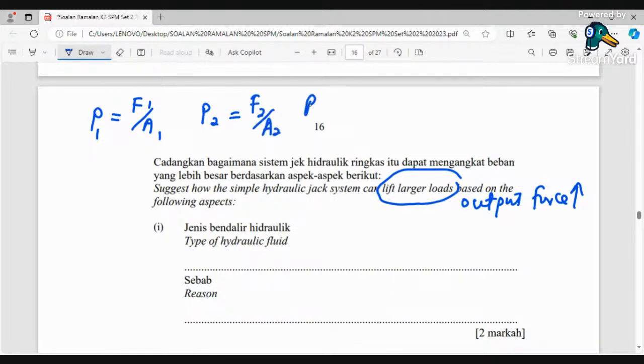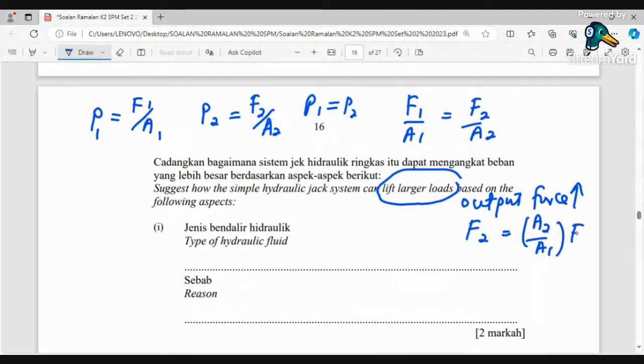Okay, P1 equals P2. So we get F1 over A1 equals F2 over A2. Okay, the output force ialah F2. F2 equals to A2 over A1 times F1.